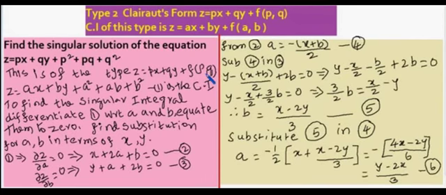And you find dou z by dou b. In equation number 1, the first term is ax. We are now differentiating with respect to b. a is treated as a constant, x is treated as a constant, so the differentiation of the first term is 0. In the second term, by has come, y is constant, the differentiation of b with respect to b is 1, so y is written.